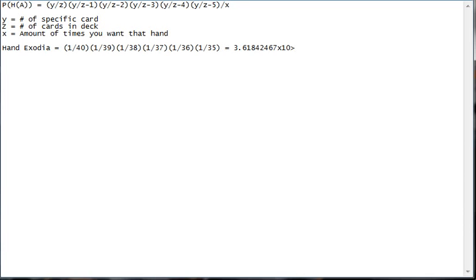But if you're putting this in your calculator, always make sure you put parentheses around here and around here, or it will give you the wrong answer every time. And then you divide by however many times, which in this case would be 1, or if you want to see if you could do it twice in a row in a single duel, so you can win both matches, you could do that too. So that's the probability of getting Yugioh first hand in one duel.